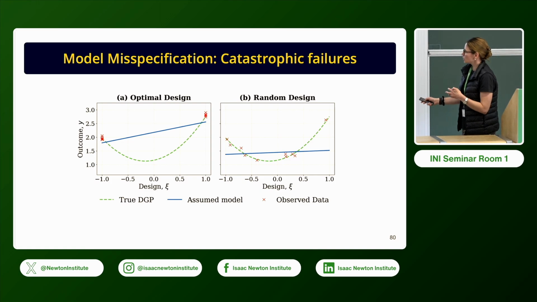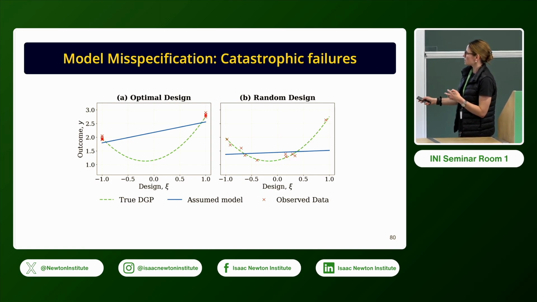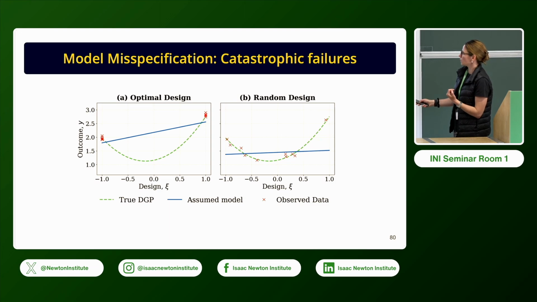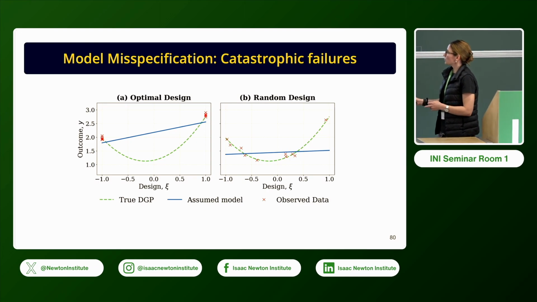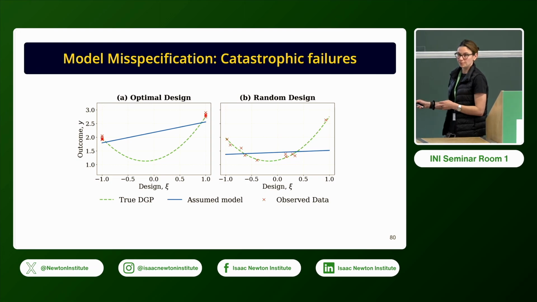So the true data generating process in this picture is denoted by this dashed green curve. And its maximum a posteriori fit is this blue line, right? So if you were being Bayesian and optimal, you sample here and you sample here, and this is your fit.